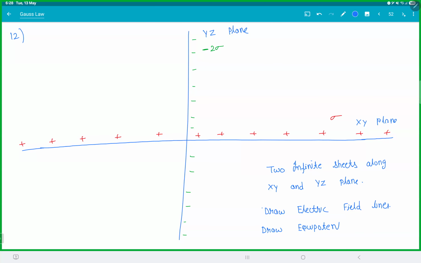So if I give you two plates like this, draw the field lines and draw the equipotential surfaces. Let's get this. Try.